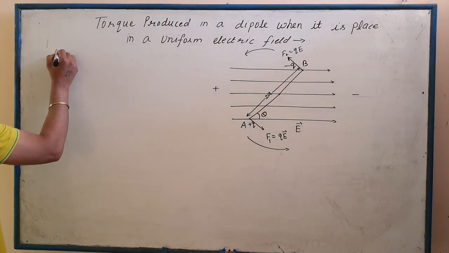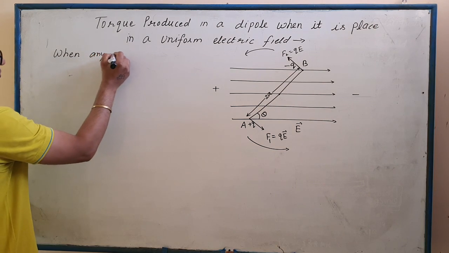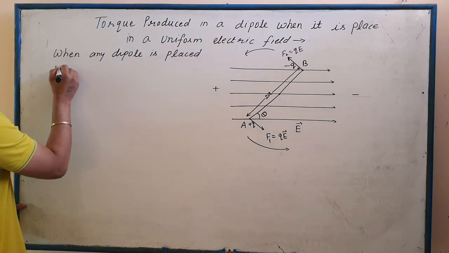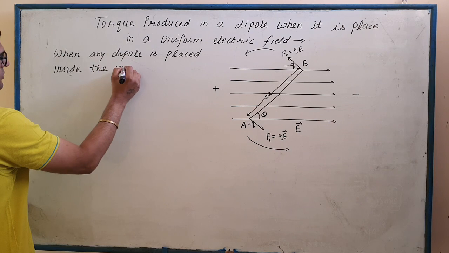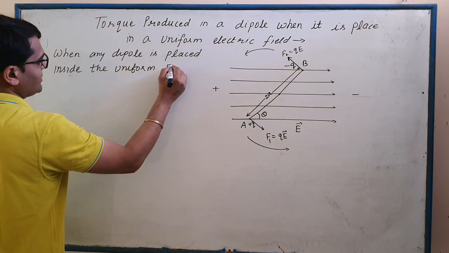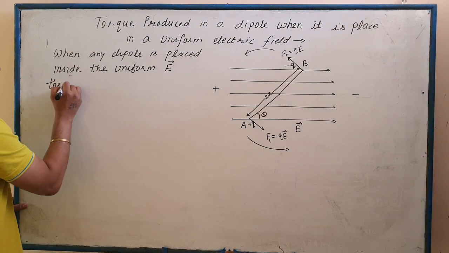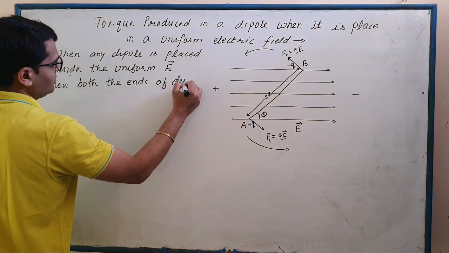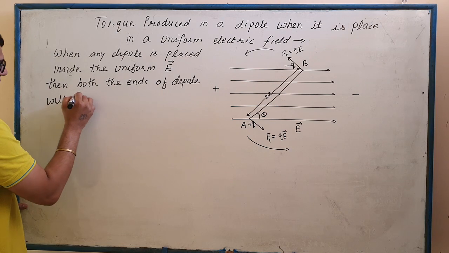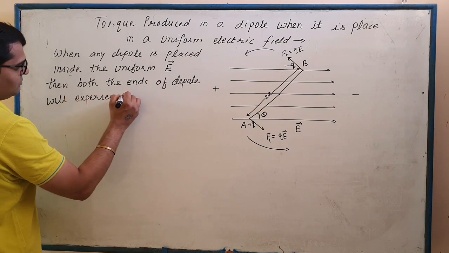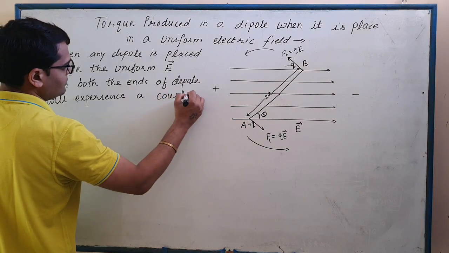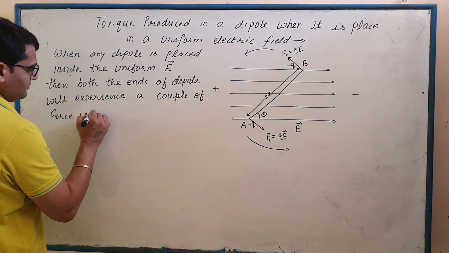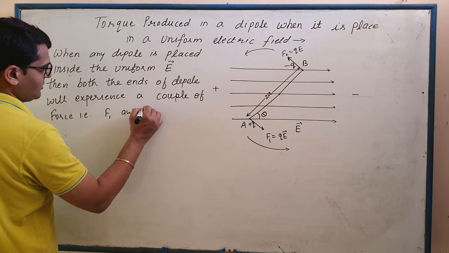So when any dipole is placed inside a uniform electric field, then both ends of the dipole will experience a couple of forces, that is F1 and F2.